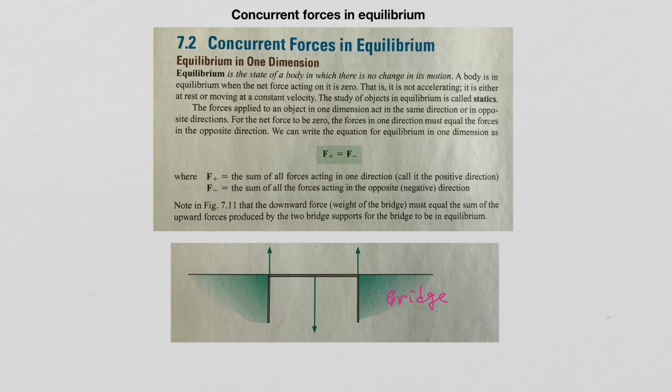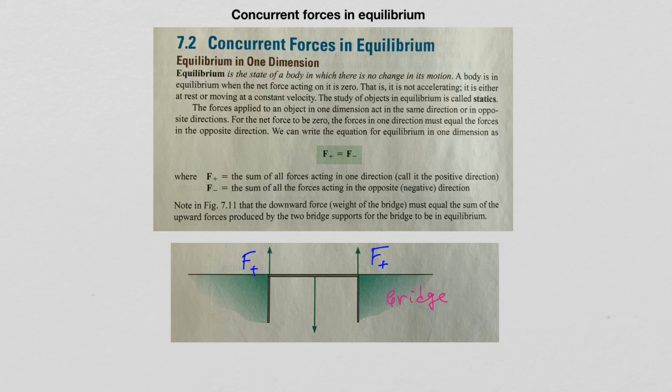So let's label those. The two support forces are equal to each other because the bridge, we will assume, is uniform. The mass is distributed evenly along the bridge. And so those two forces are equal, but they both point in the positive direction. So let's label these with F plus.